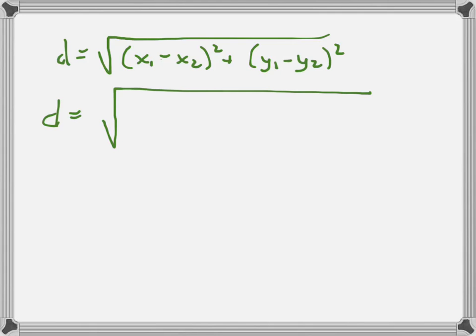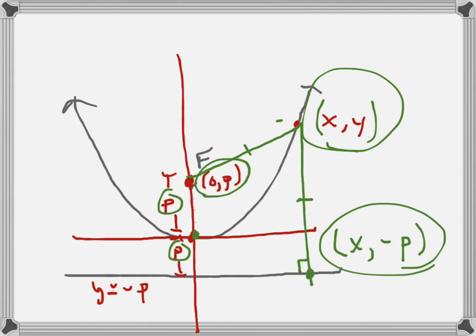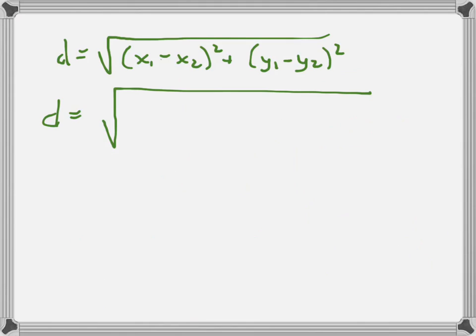Since these two distances are equal, these two green lines, I'm going to find the distance of them using these xy coordinates here, and I'm going to set them equal to each other. I'm going to just wipe this one clean. I do need the distance formula, but you'll see I'll use it on both sides.